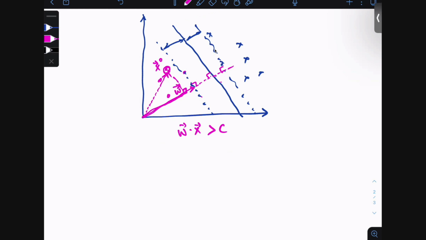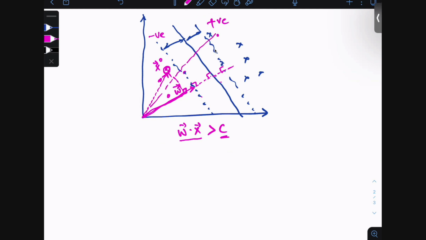So we are trying to assess if this length is greater than a fixed constant, then let's say this side was the negative class and this side is the positive class. The blue ones are the positive, the pink ones are the negative. If my dot product is higher than a particular threshold, denoted by C, I should categorize this as a positive class. If it is lesser than the threshold, I should categorize this as a negative class. So suppose intuitively, if you see this particular observation is somewhere over here, what will I do?